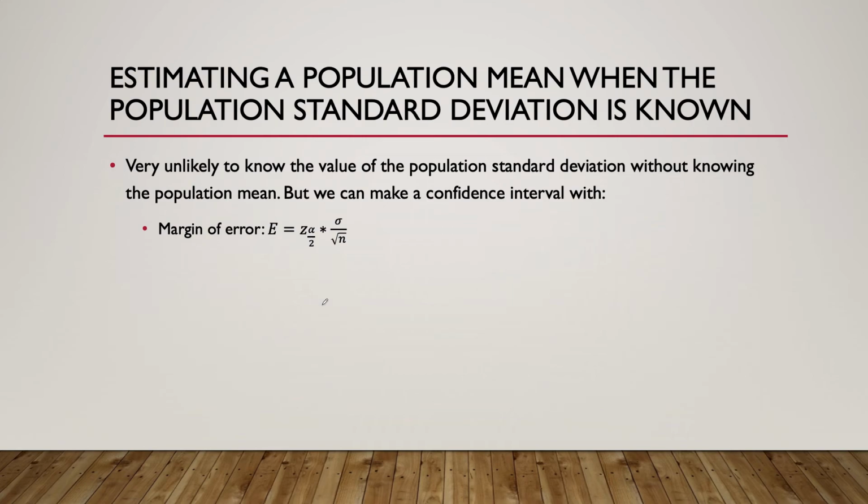To estimate the population mean when the population standard deviation is known, which is very unlikely since we should know the population mean in that case, but that's besides the point. It's very unlikely to know the population standard deviation without knowing the population mean, but we can make the confidence interval with the margin of error as z sub alpha divided by 2 times the population standard deviation divided by the square root of n, the sample size.